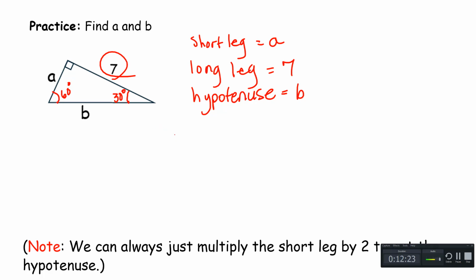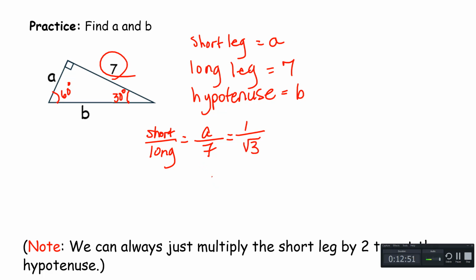We know that we can set up any ratio we want to. We could set up the short leg over the long leg. And so we know that right now that's a over 7. And we know that in every 30, 60, 90 triangle, the relationship between the short leg and the long leg is 1 over the square root of 3.